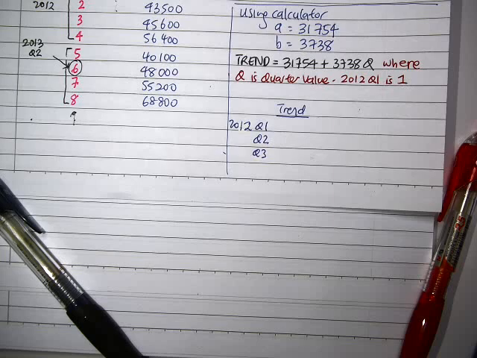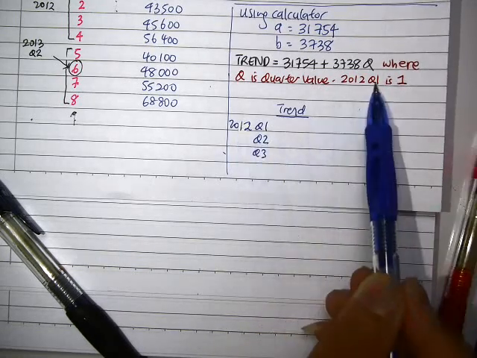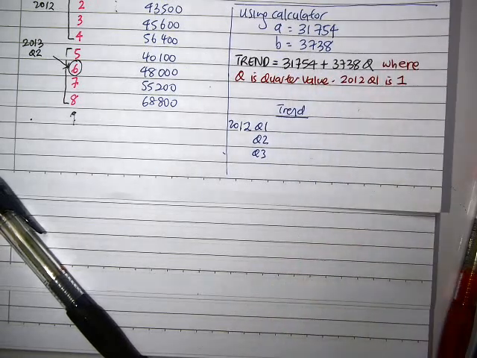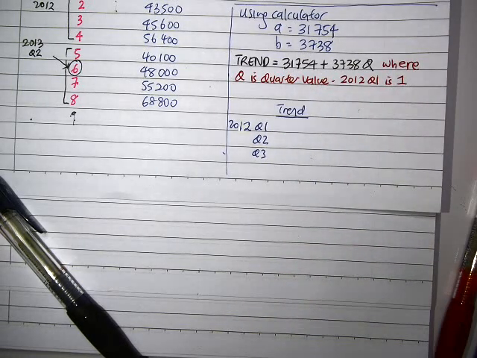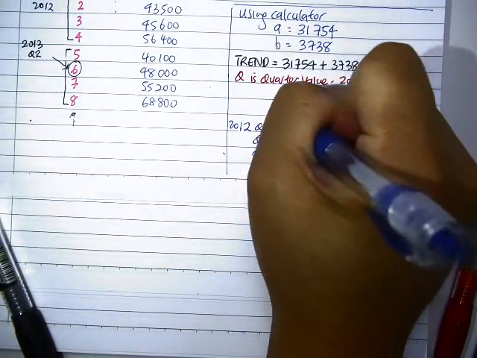Now 2012 quarter 1, Q is 1, right? So 31754 plus 3738 times 1 is 35492.